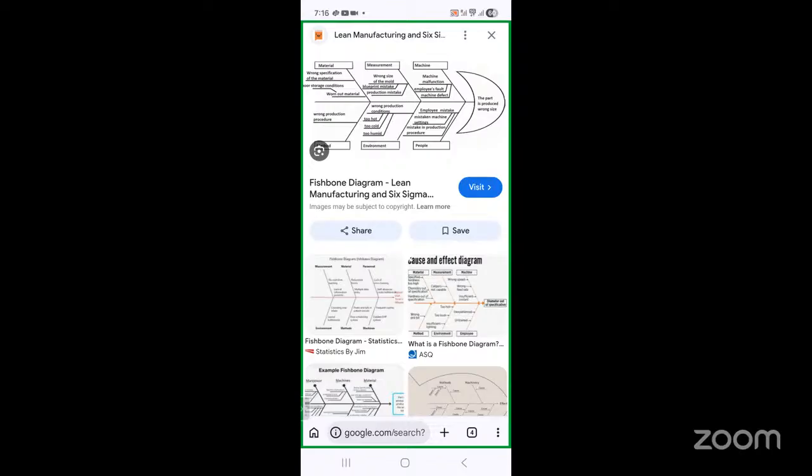Next is the environment. So with bad weather, definitely high wind, bad weather like rainy, heavy rain, and lightning.